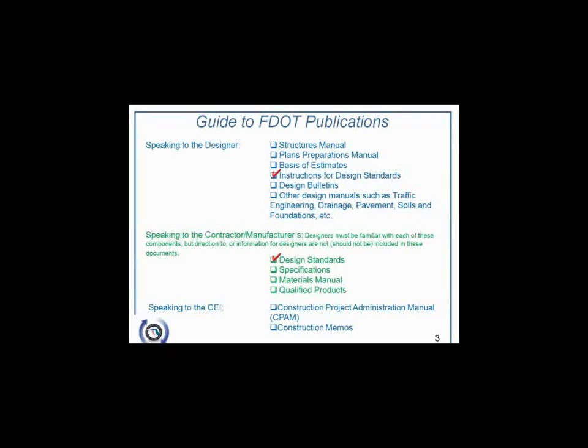For example, the SDG would provide general guidance for design of beams, but for the FIBs, there may be specific issues related to the FIBs, such as maximum bonded pre-stressing force, etc. All that information is located in the IDS. The design standards belong to the family of publications speaking to the contractor. The designer must be familiar with these, but information to the designer and direction to the designers should not be included in the design standards.